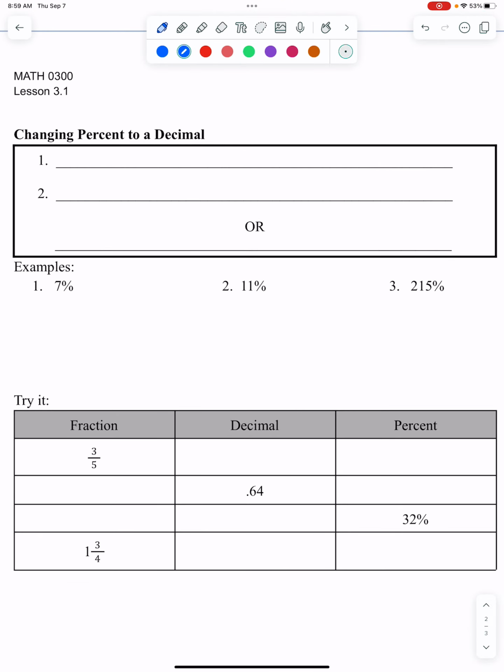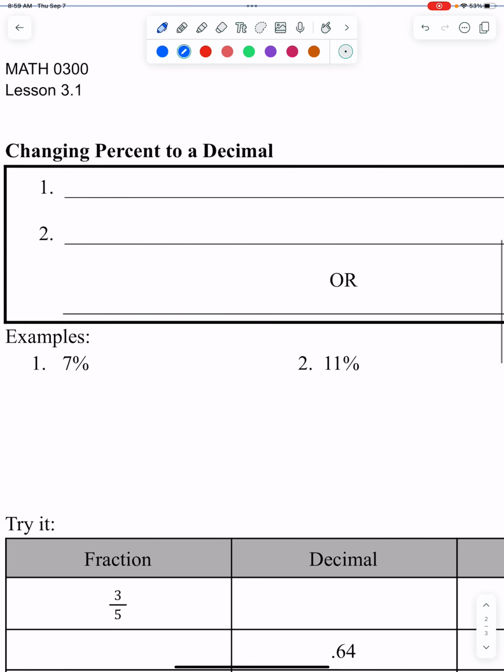So now, let's take a look at going from a percent to a decimal. One more time, we are going to drop the percent sign.